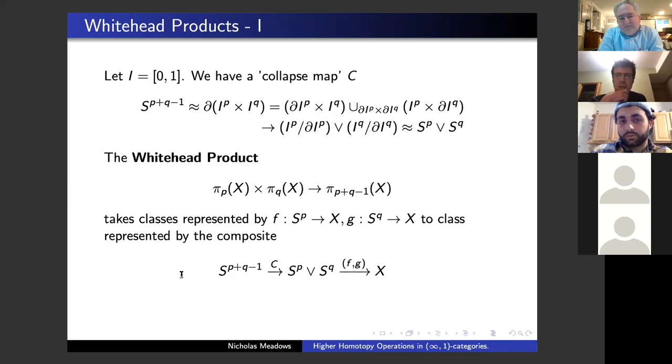I don't think so, though. I would strongly doubt it. These pi_p's are going to be abelian for p greater than 1. That's just a theorem, but that doesn't necessarily have to do with it.